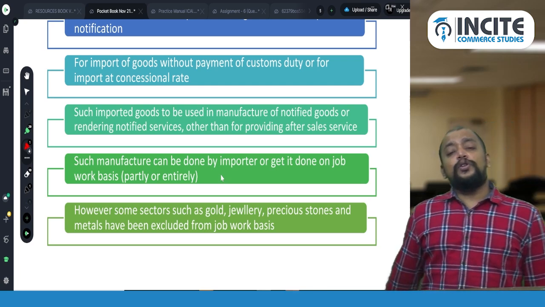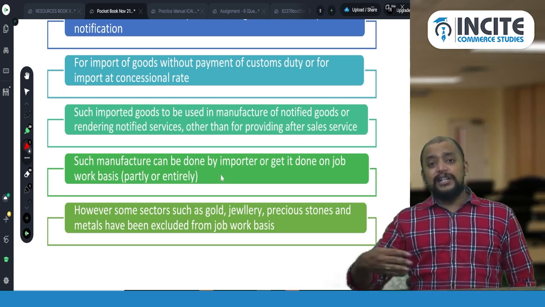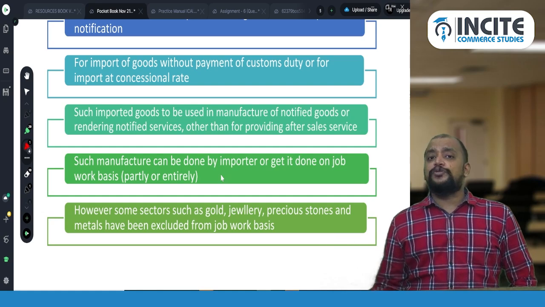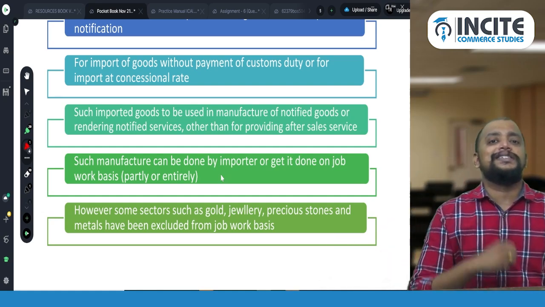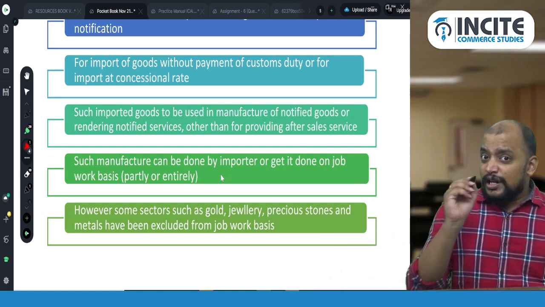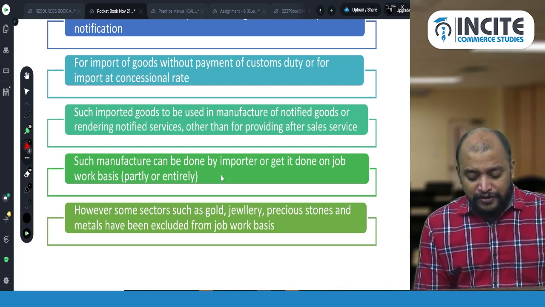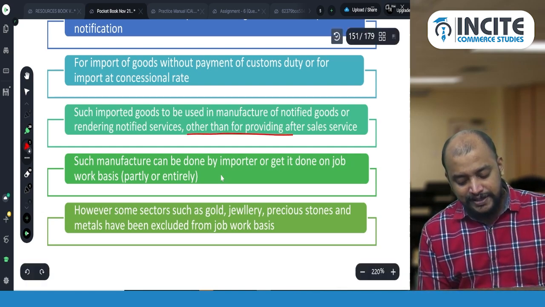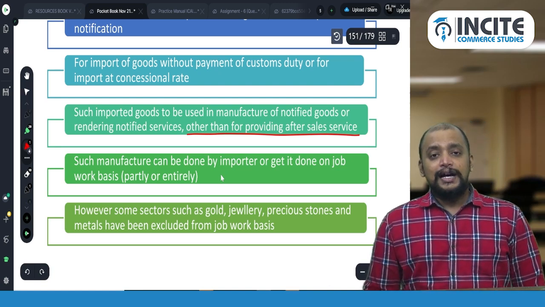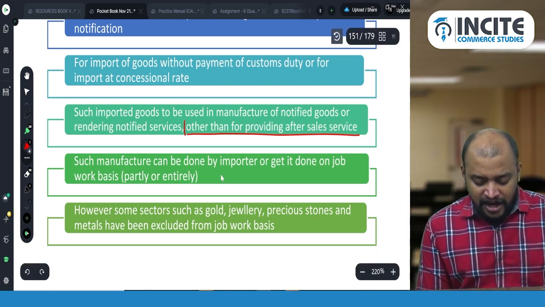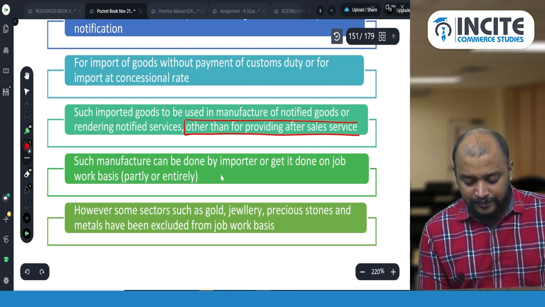Sir, what are the notified goods and notified services? That will be given by the government from time to time in the exemption. Just now I gave you an example. But these goods should not be used for providing after sale service.